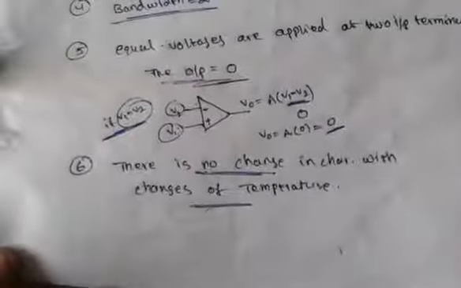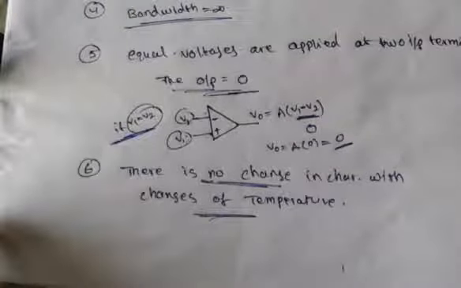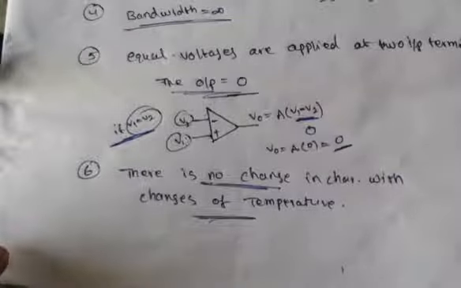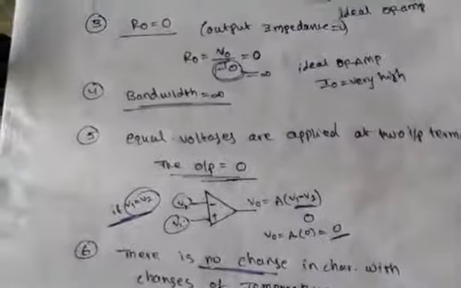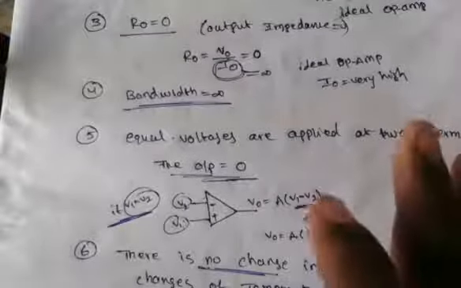Even though temperature varies, either increases or decreases, it does not affect our characteristics. These six are the best ideal operational amplifier features.